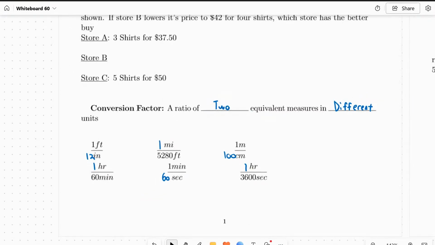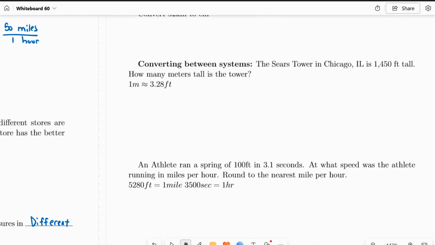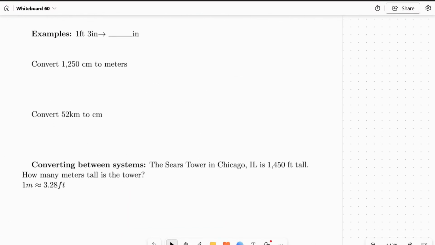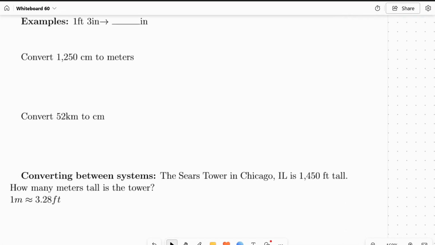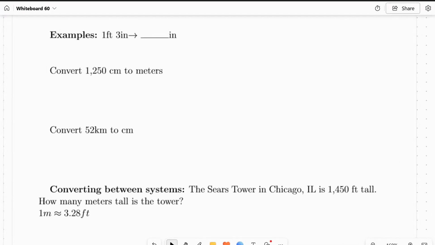Let's go over an example of how we're actually going to see this. In this first example, we have 1 foot and 3 inches converted to inches. The first thing we need to do is convert our feet into inches, then add our 3 inches to that amount. 1 foot is how many inches?